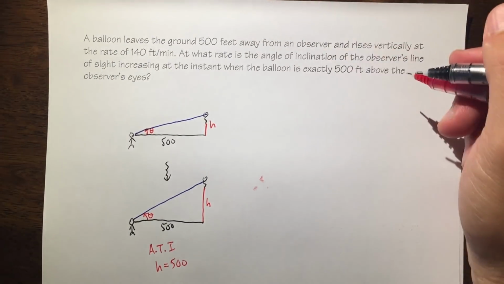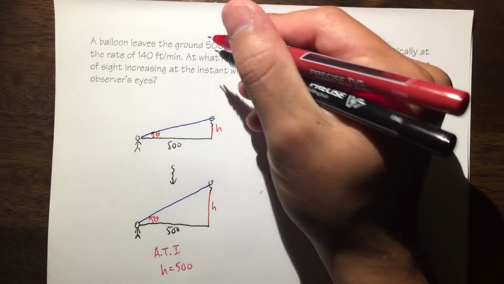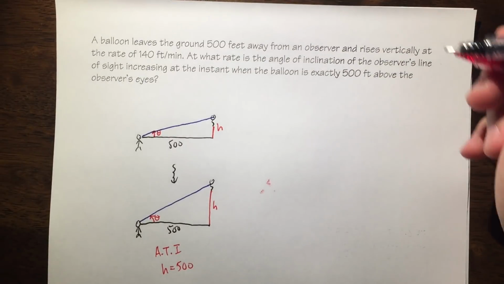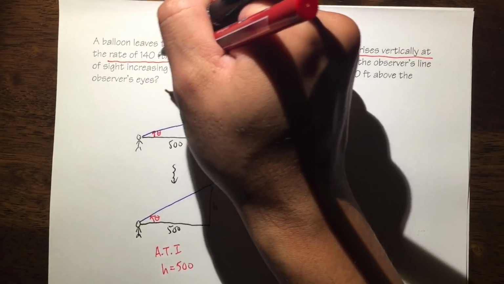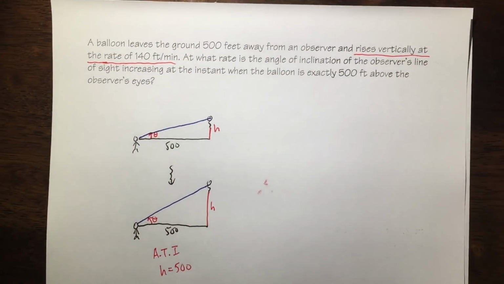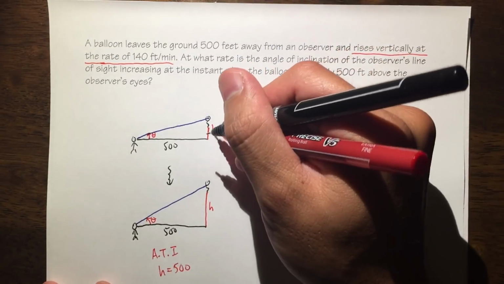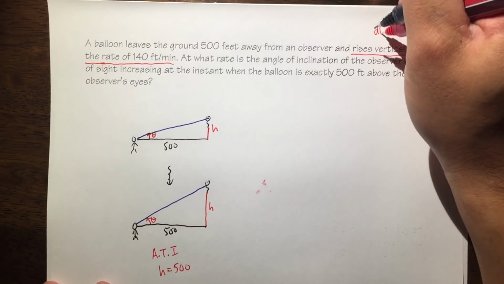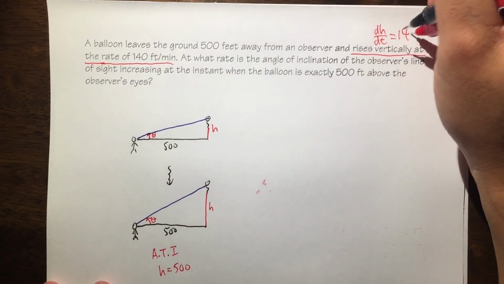Okay, now let's go back and look for the information. 500 is labeled already, and it says the balloon is going up vertically at a rate of 140 feet per minute. Based on our picture and variable, this is h. So this tells us that dh/dt is 140.